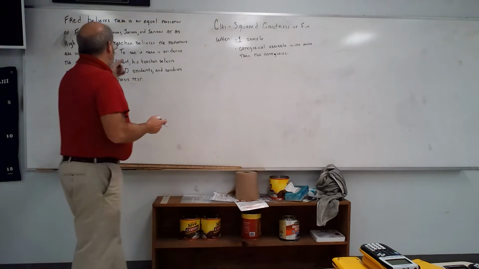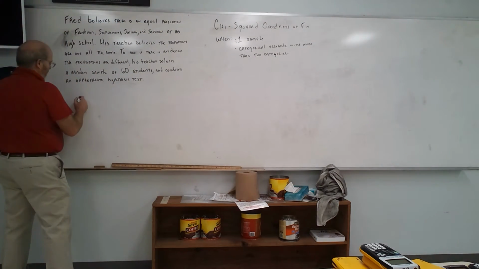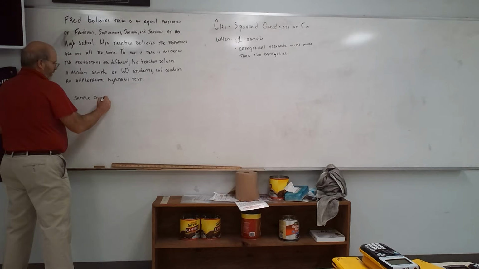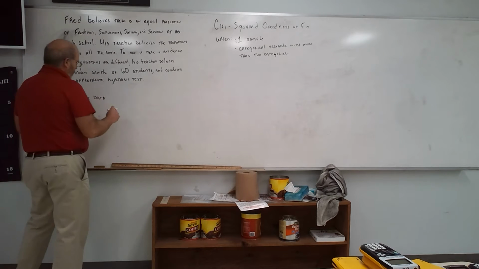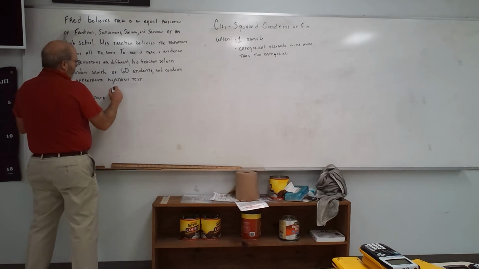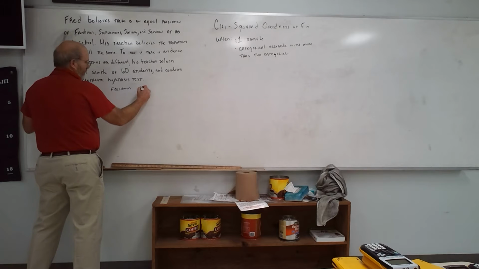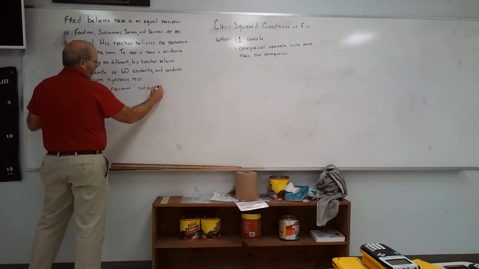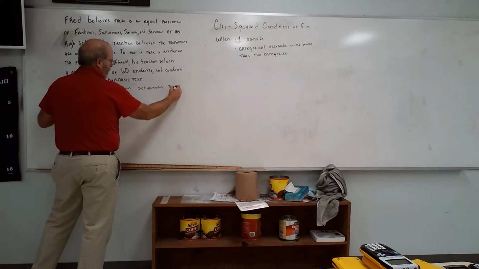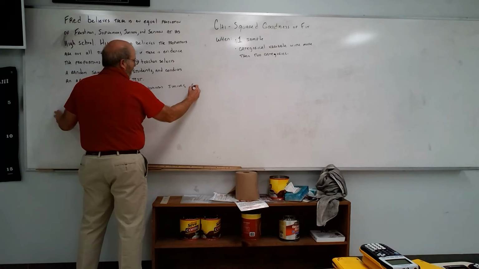But in this case, if you think about this, here is our sample data. Oops, let's just make up some sample data. We don't have sample data. All right. Let's say that we took this sample of 60 students, and let's say that freshmen, sophomores, juniors, and seniors.